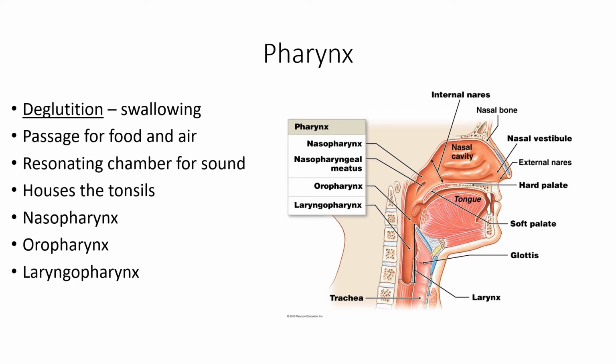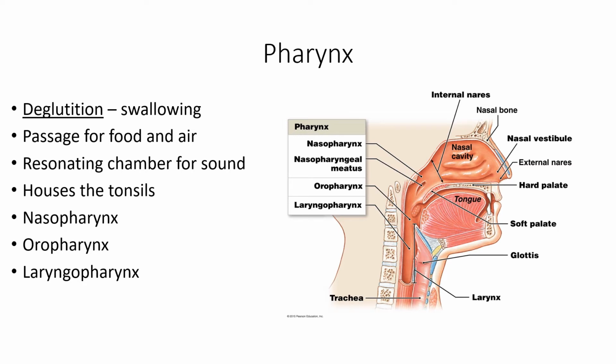Moving down from the face, essentially, we're moving into the throat here with the pharynx. Do make a note of this term. It is deglutition. This is the technical anatomical term for swallowing.